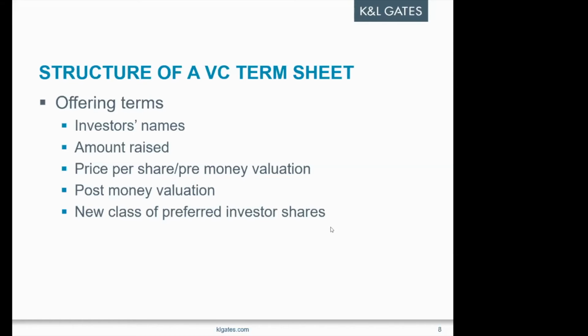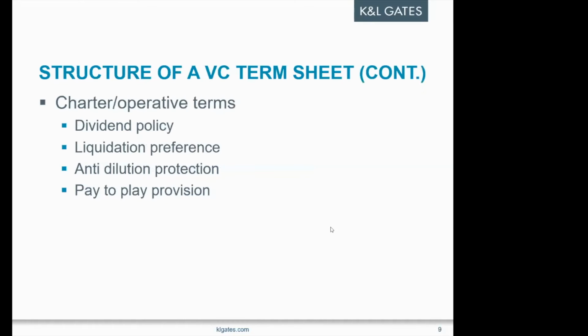There'll also be a mention of any new classes of preferred shares that are going to be issued, and the name of the preferred shares will reflect the investment round. For example, it might be Series A preferred shares. You'll also see some notes on the rights that attach to the preferred shares, and those rights can be in relation to investment protection, liquidation, and dividends.